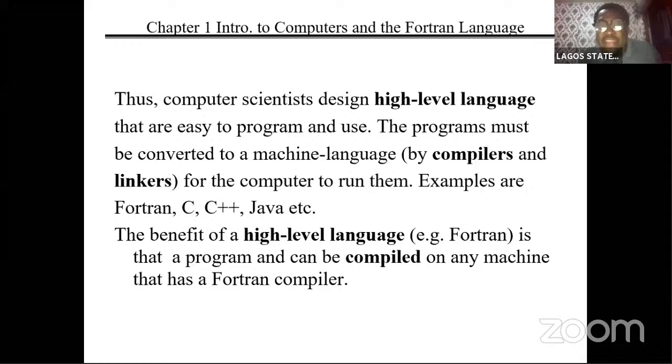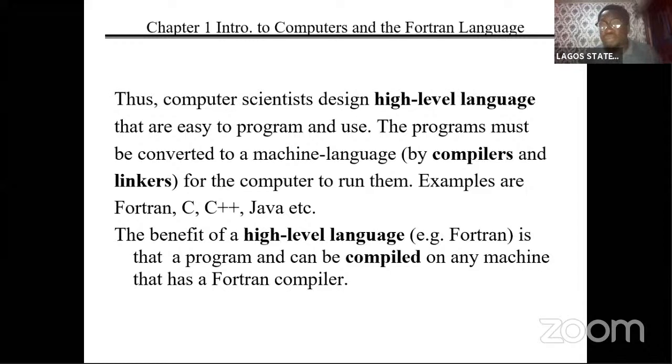So examples of high-level languages are Fortran, C, C++, Java, Clojure, Pascal, Scala, ML, many of them. And at the latest count, there are more than 700 programming languages.